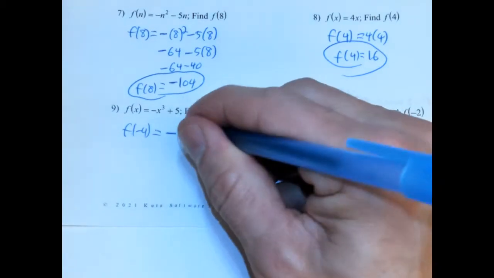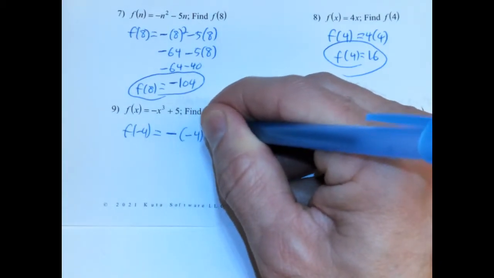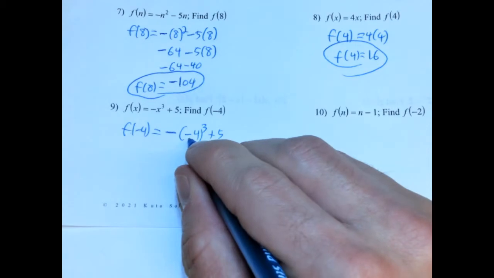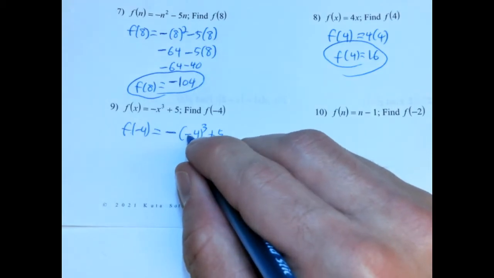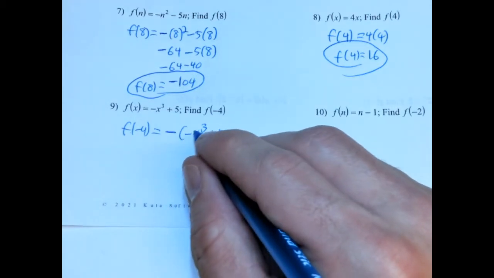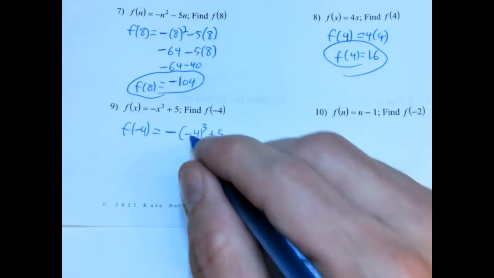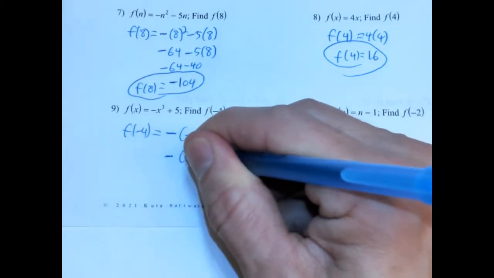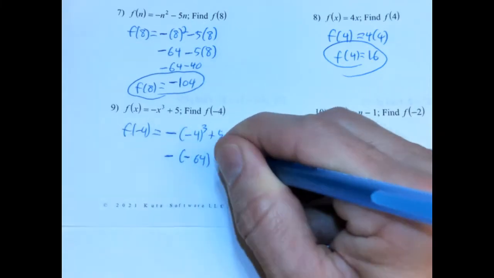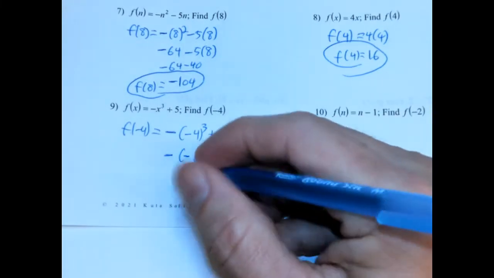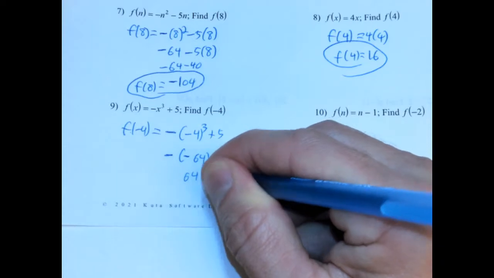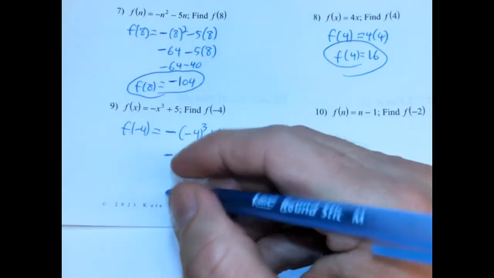So negative and then negative 4 cubed plus 5. So negative 4 cubed is going to be 64, but it's going to be negative because we have an odd number here. So negative 4 times negative 4 would be positive 16. Then positive 16 times negative 4 would be negative 64. So we have negative 64 plus 5. Negative times negative is positive.